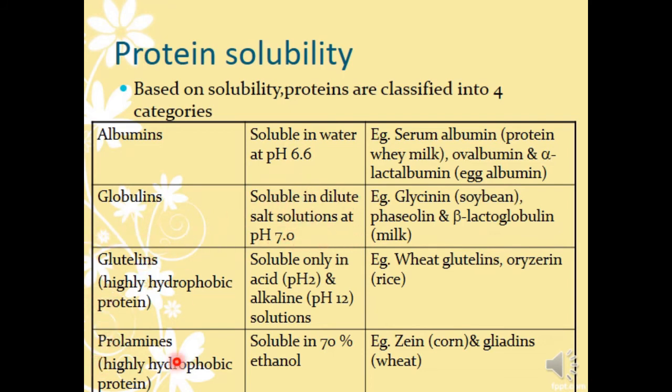Glutenin and prolamine are highly hydrophobic proteins. Glutenin can be found in rice and also wheat, and is soluble only in very acidic and very alkaline conditions. Prolamine is soluble in 70% ethanol and can be found in corn and also wheat.